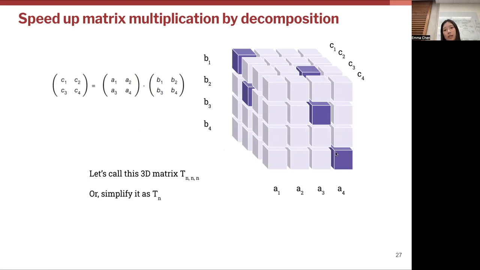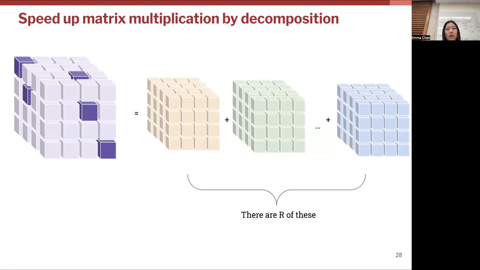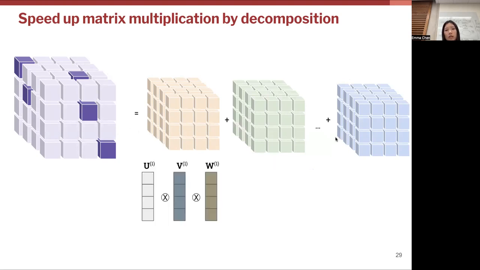Let's call this matrix Tn, or I think it's tau n. And we know that this matrix can be decomposed into a summation of a series of 3D matrices. And each 3D matrix can be further written as the outer product of 3 vectors.